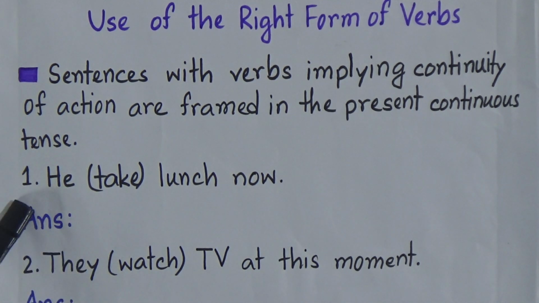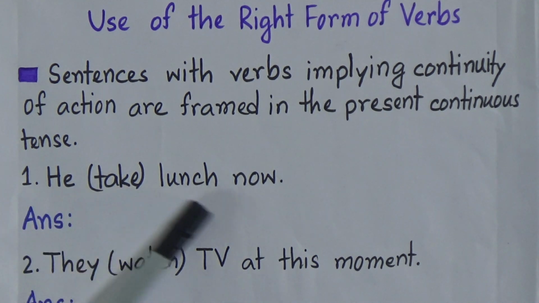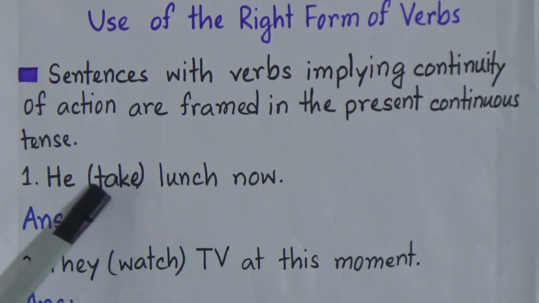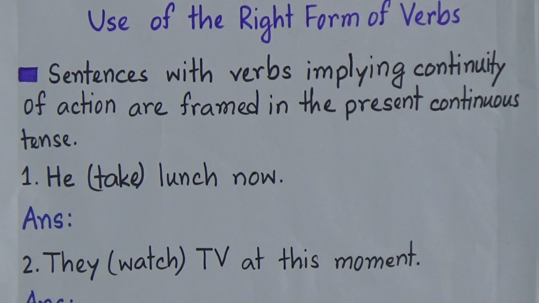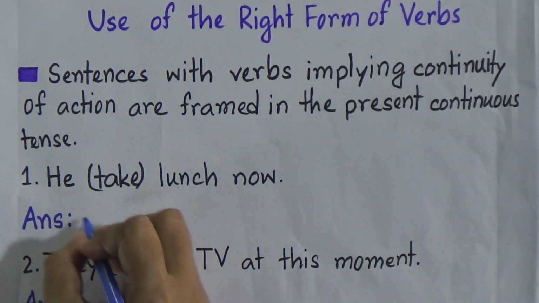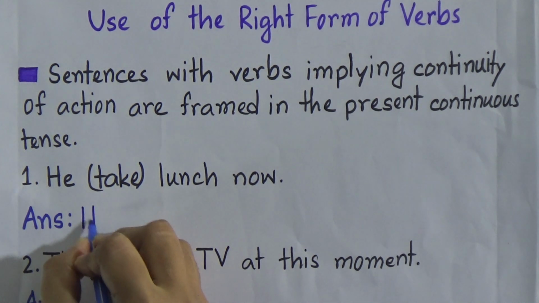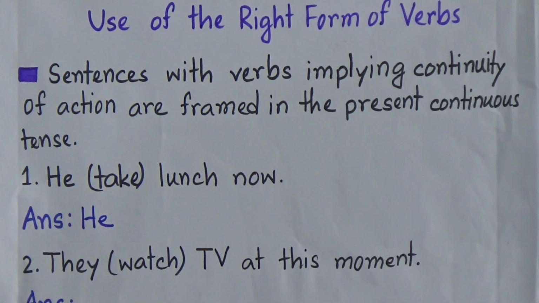Now look at the first example. He take lunch now, and inside the bracket there is a verb, take, and here our subject is he. So at first we will write the subject. Now he, and according to the subject you need to write here the auxiliary verb or the to be verb: am, is, are. We know that when the subject is third person singular, we use is.